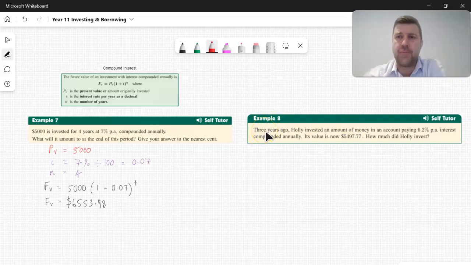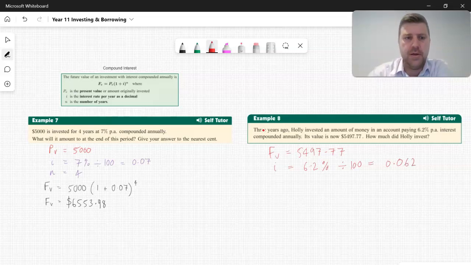We need to work out the present value. Like I said, the value right now is $5,497.77. The interest rate is 6.2% per annum, which as a decimal is 0.062, and the number of years is 3 years.